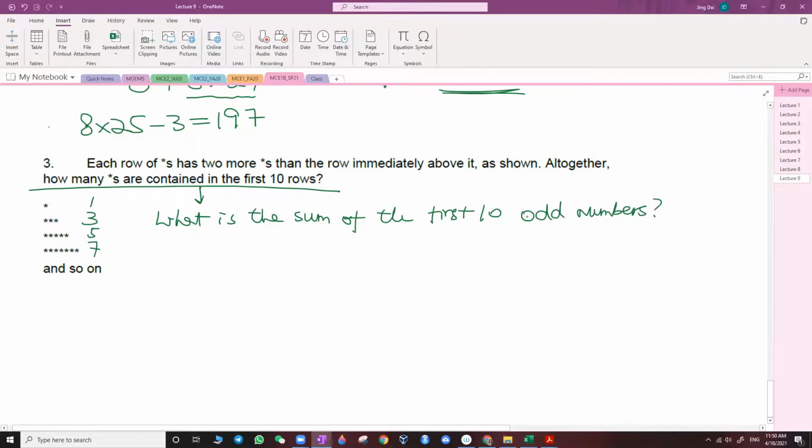And this is exactly what we have here. Instead, they're just using stars to switch it into a word problem. But you know the trick. 1 plus 3 plus 5 plus 7, 9, 11, 13, 15, 17, 19.